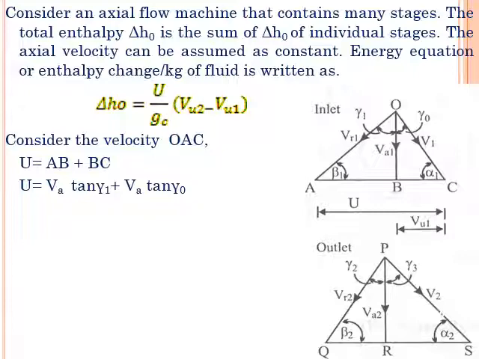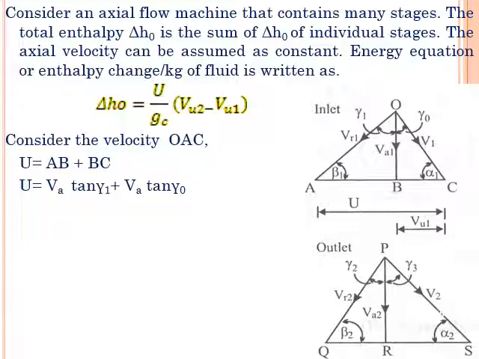With respect to gamma naught, the opposite side is BC and the adjacent side is OB. Now I want to measure the distance of BC. BC is equal to V of A tan gamma naught.